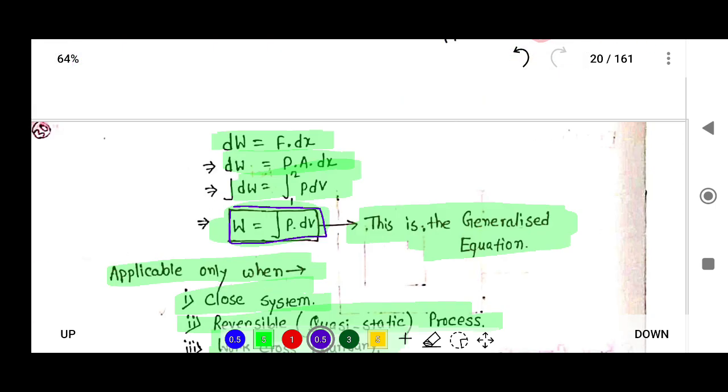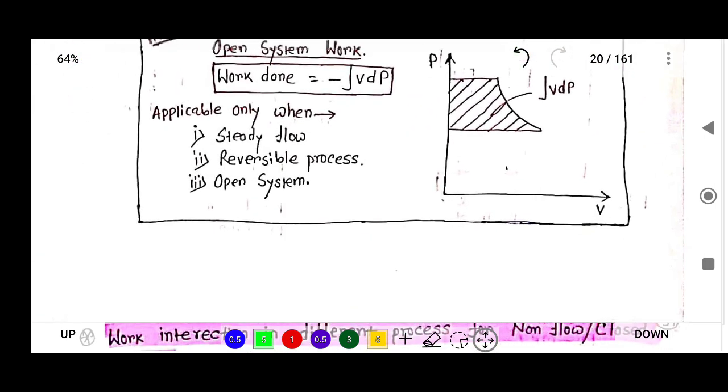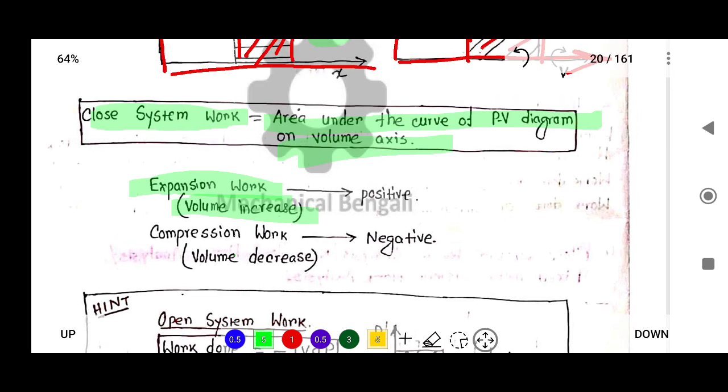So when the volume increases, this is the expansion work, and this will be positive work. And if the volume decreases, that means compression work, and this will be negative work.